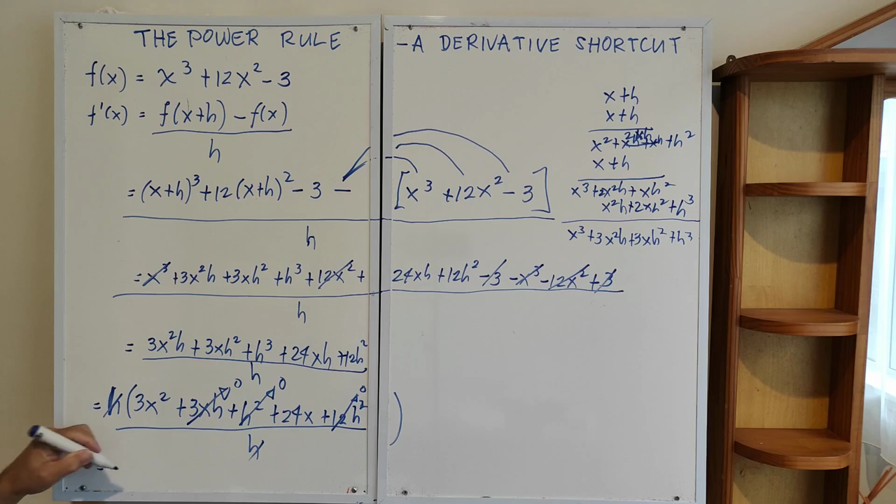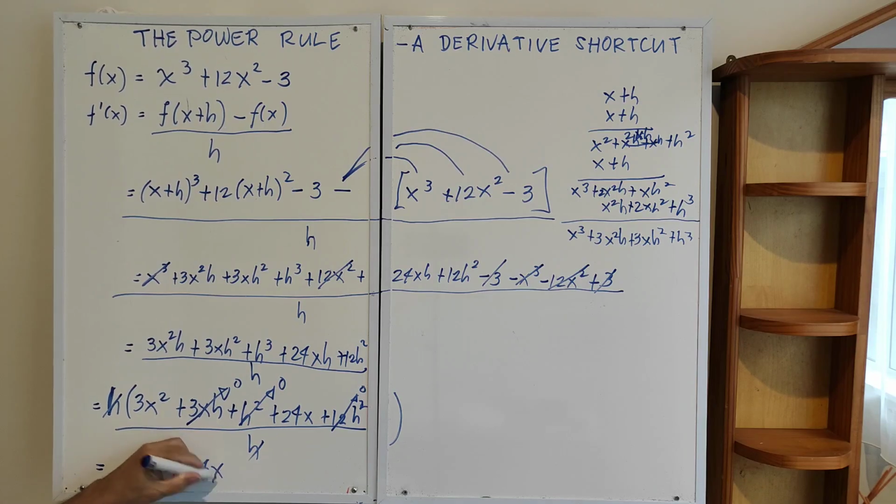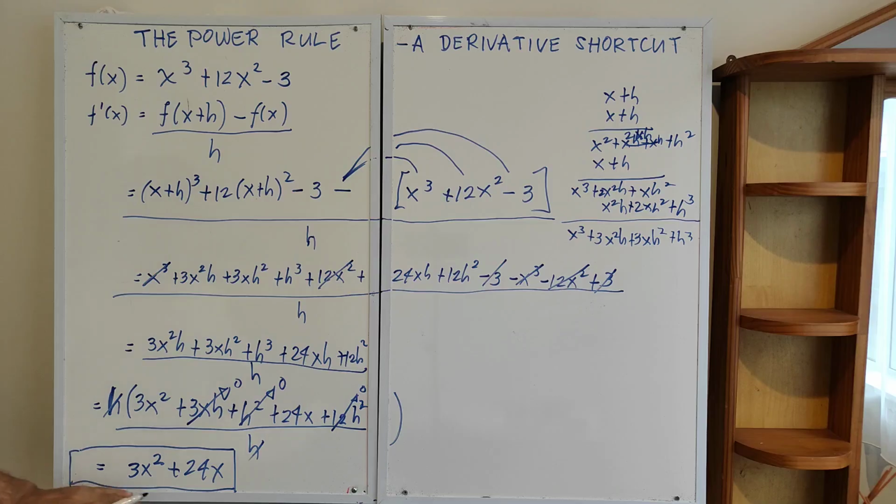What you have left is 3x squared plus 24x. So this is your derivative.